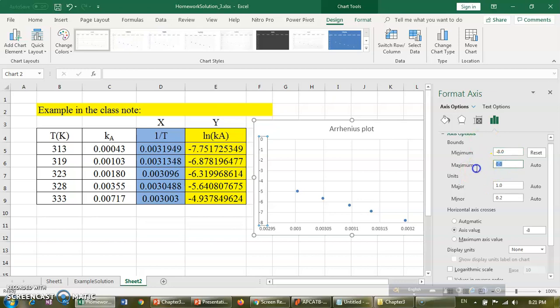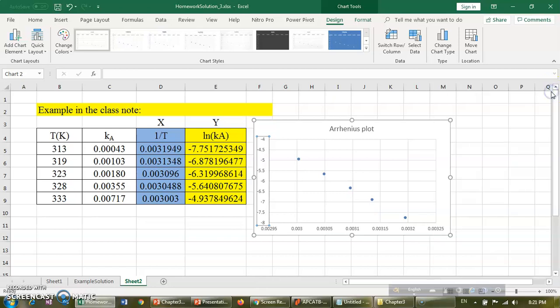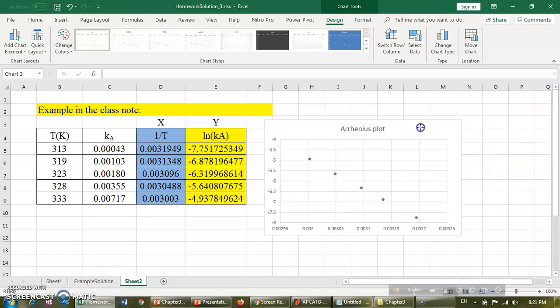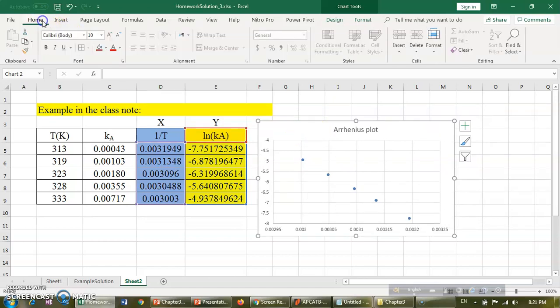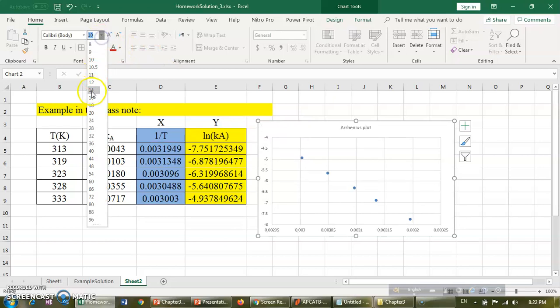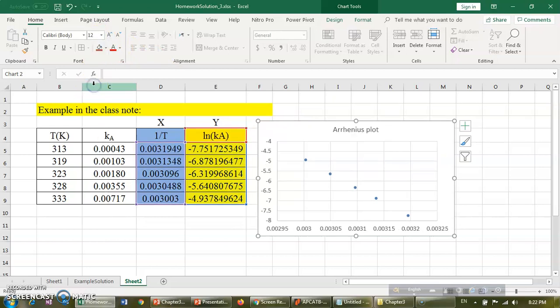The minimum value you can also choose as minus 4, so it looks like a nice plot. You can also change the font size. Just select the graph, looking at the border with some circles here, and change the font size.